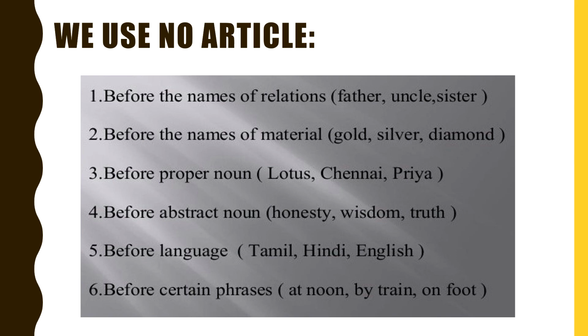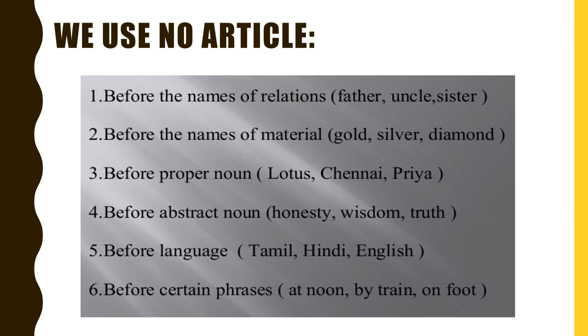So now there are situations where we do not need to use any article. Let us see those rules. Before the names of relations, we do not say I met the father. No, I met a father. That will also be wrong. Okay, it will be I met father, uncle, sister.